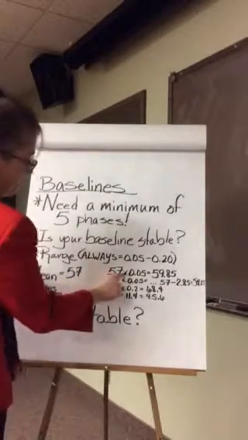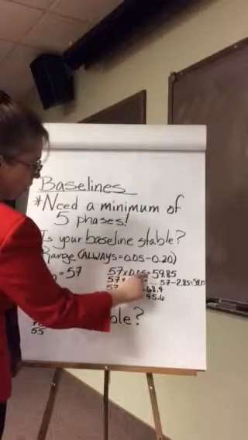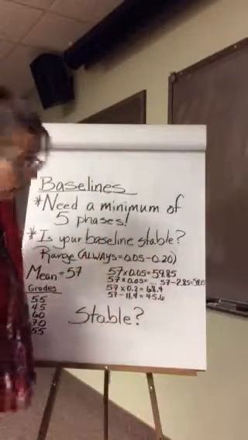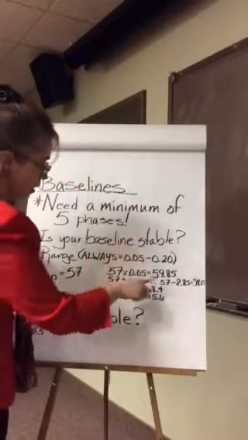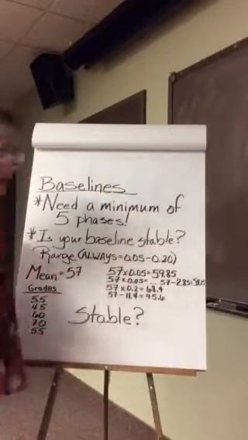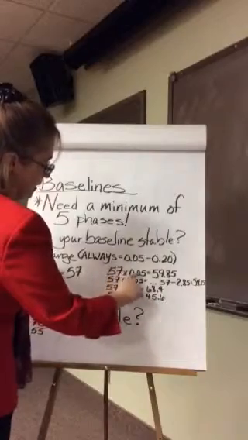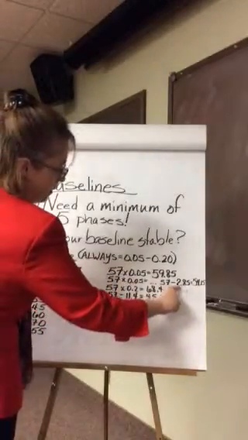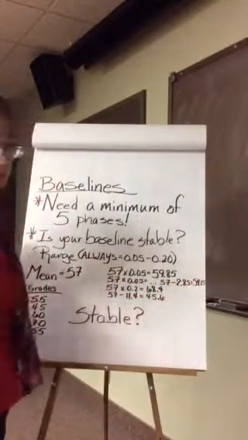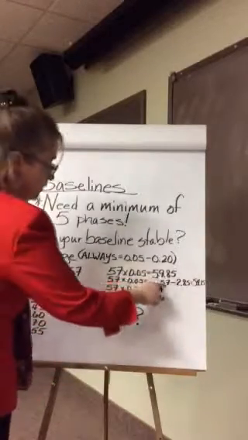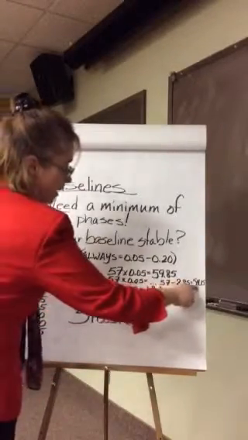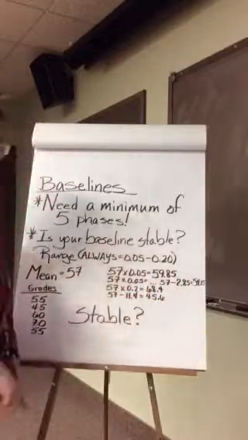We take 57 times 0.05 and you add it, of course, and you get 59.85. Cool? All right, well, 57 times 0.05 is 2.85. We subtract it from 57, you get 54.15.